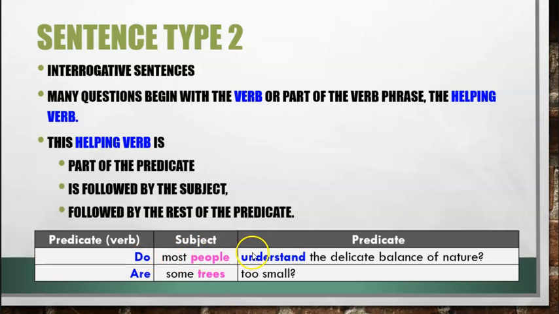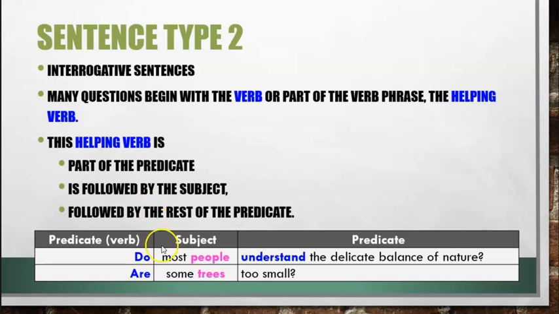Do most people understand the delicate balance of nature? Here we have our helping verb do, and our main verb is understand. If this were a declarative sentence, it would be written, most people do understand the delicate balance of nature. So do is our helping verb, understand is our main verb, people is our simple subject.